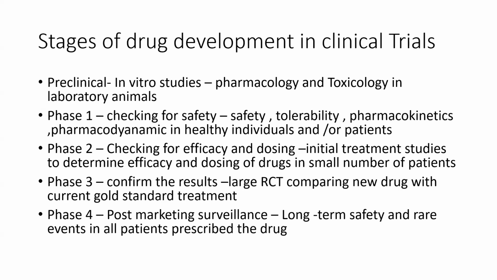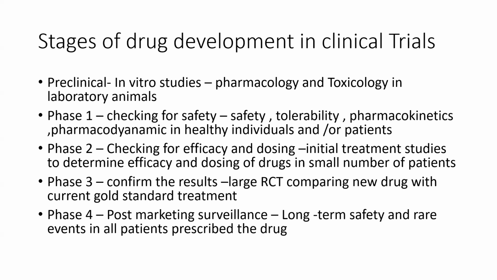Now, stages of drug development in the clinical trial. Preclinical, pharmacology and toxicology in lab animals. Phase 1, checking for safety, that is safety, tolerability, pharmacokinetic, pharmacodynamic in healthy individual or patient. Phase 2 is checking for efficacy and dosing.